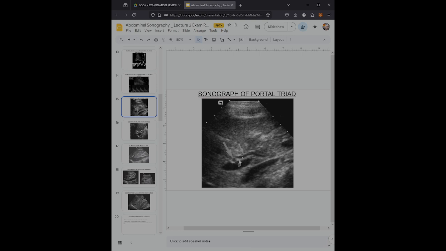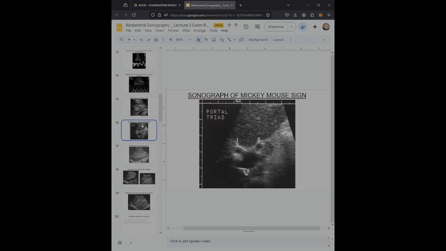And note in some patients this relationship between the common bile duct and the hepatic artery can be reversed. This is a better image of what we call the Mickey Mouse sign.